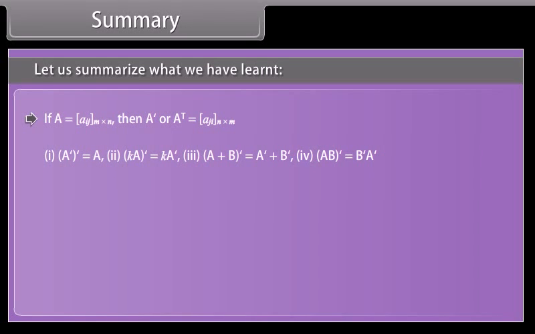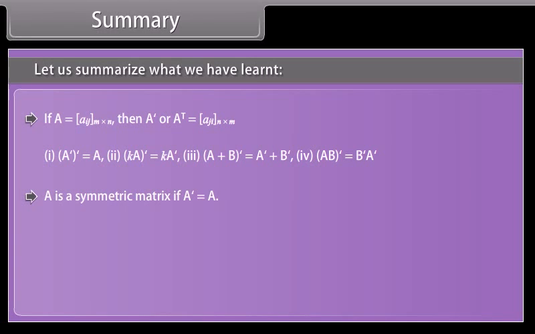Transpose of transpose of matrix A is equal to matrix A. Transpose of k times matrix A is equal to k times transpose of matrix A. Transpose of matrix A plus B is equal to transpose of matrix A plus transpose of matrix B. Transpose of matrix AB is equal to transpose of matrix B times transpose of matrix A.